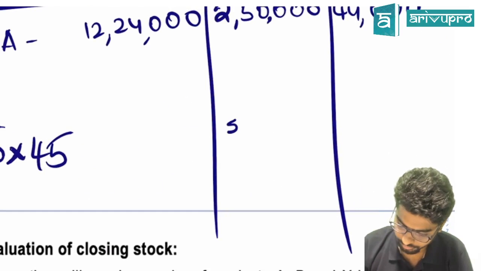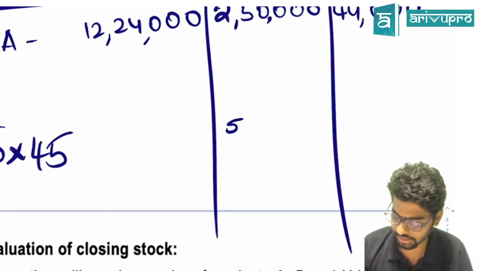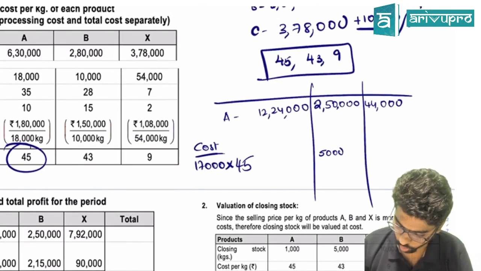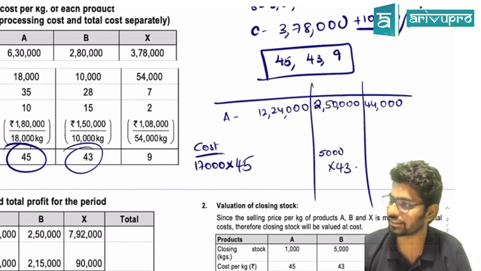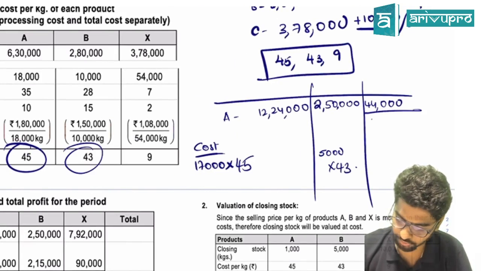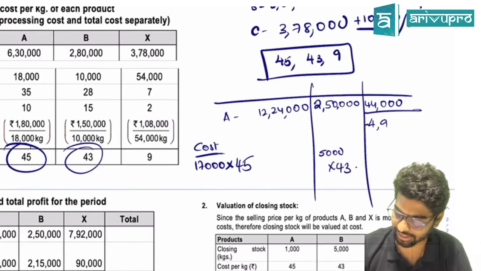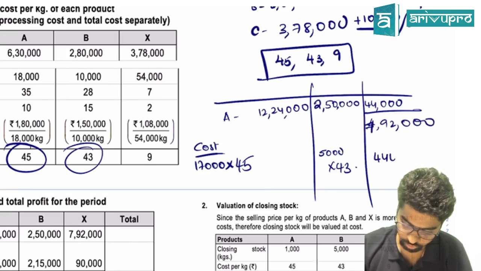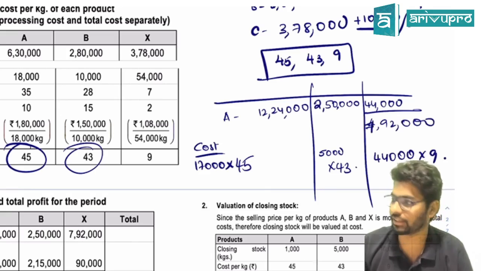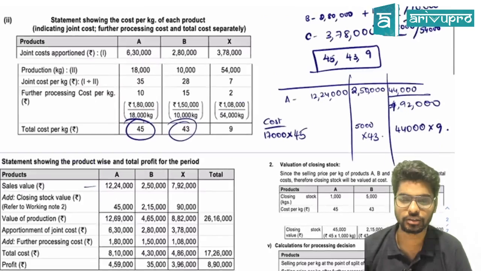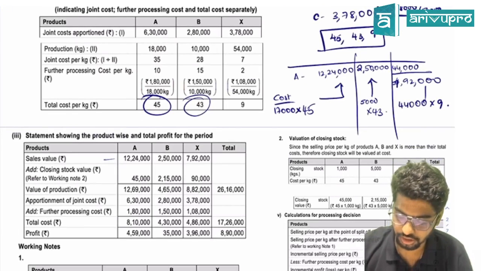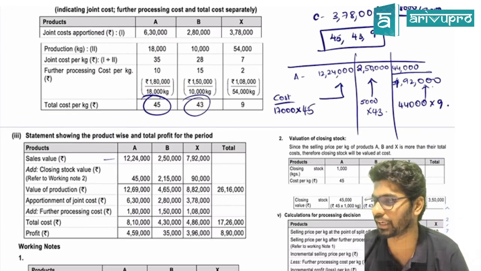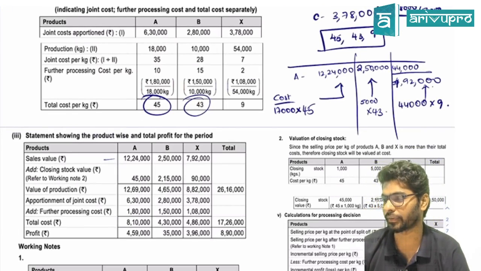B sold 5,000 units and the cost was 43, and C sold 44,000 units at 7 lakh 92,000. So, you will do 44,000 into 9. So, basically you take the matching concept, the number of units sold and multiplied by cost per unit.